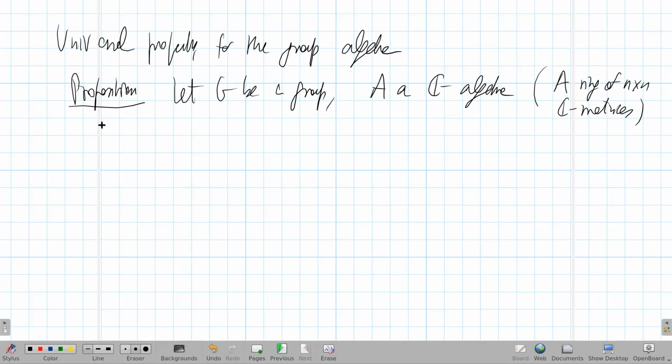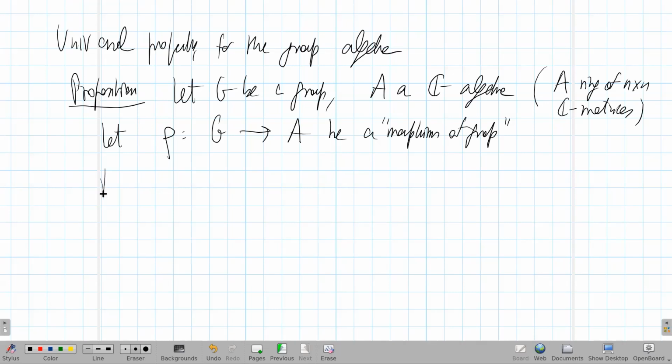Okay, let rho from G to A be a morphism of groups, say? Well, okay, let's say a morphism of groups. This is slightly inappropriate, but we'll see what I mean in a second.